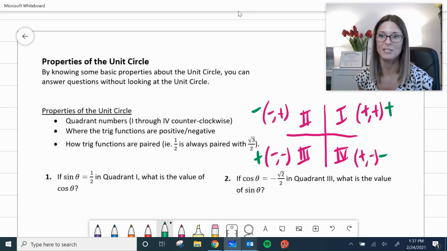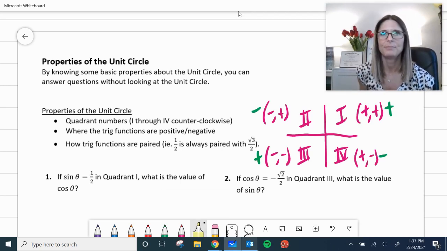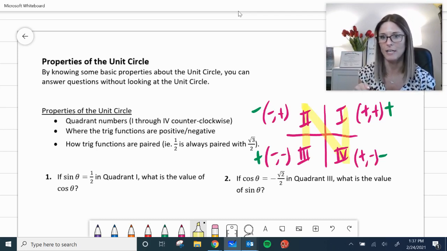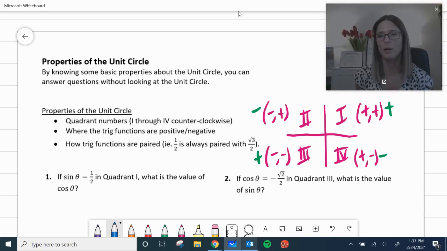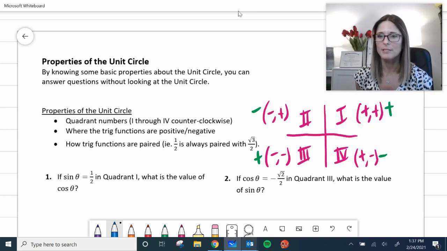Now here's the cool thing. My student last year, the way they memorized where tangent was negative was it was diagonal this way between second and fourth, which was the same direction like your slant for your letter N. So that was the memorization tool that they used. I'm going to show you one more memorization tool that I like and what you would probably see on some math tutoring videos or websites.